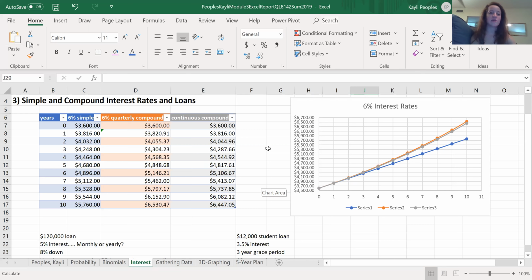With simple interest, obviously you get less money in the end, but you know how much you're getting every time, and you end up with less than 6,000. When you do any sort of compound, you ended up with over 6,000 after 10 years, and still a bit more when you did the quarterly compound. So that's all laid out for you here.